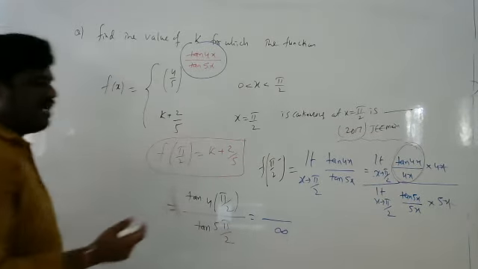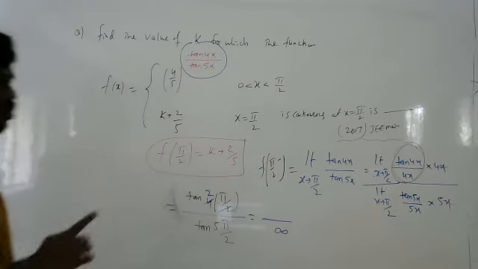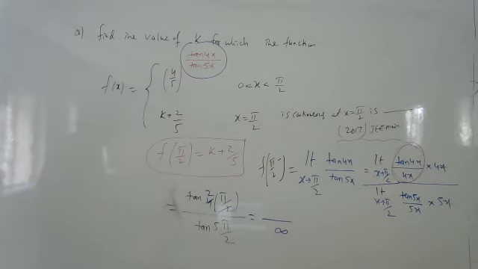And tan of an even multiple, like here you are going to get tan 2 pi, gives a finite value. Tan 2 pi is how much? 0. Sure? Yes, sir, 0.